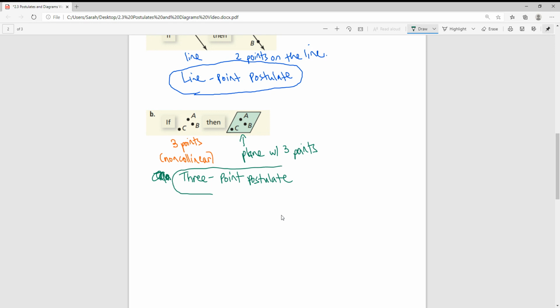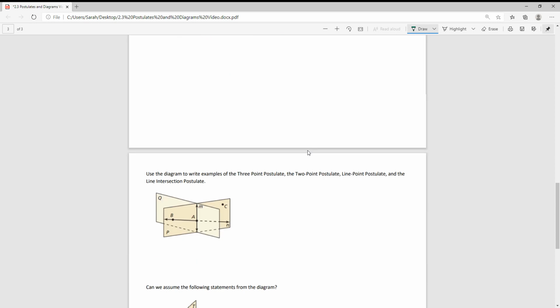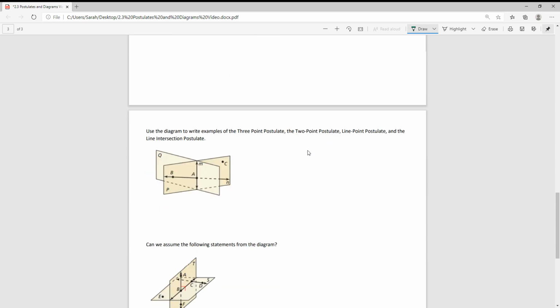Okay, so that's just looking at pictures and seeing what postulates we see happening. Sometimes we will also be given a picture and we're going to make our own examples of postulates from there. So they want us to do a few things here: 3-point postulate, 2-point postulate, line point postulate, and line intersection postulate. So the 3-point postulate, that's the one we were just talking about.